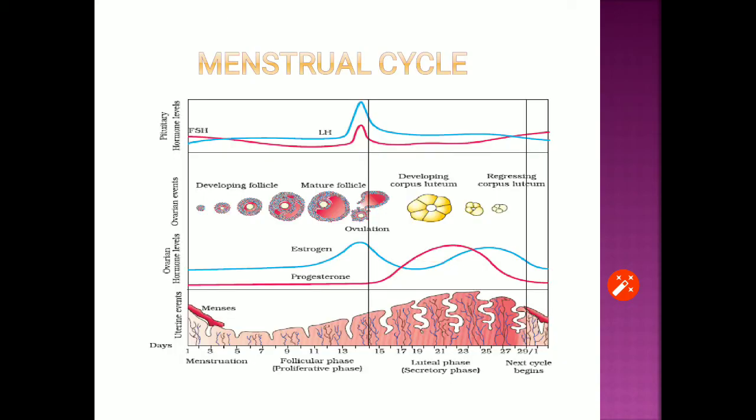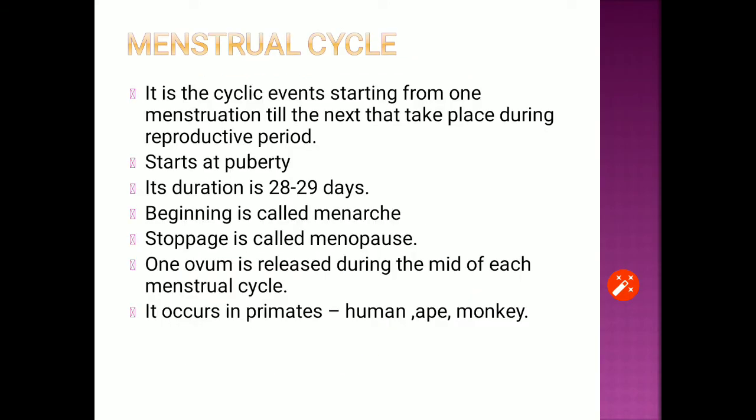Now this is a diagrammatic view of the menstrual cycle and the hormonal levels during the cycle. It is a very important diagram or graph for exams. Now the menstrual cycle: it is the cyclic events starting from one menstruation till the next that take place during the reproductive period.